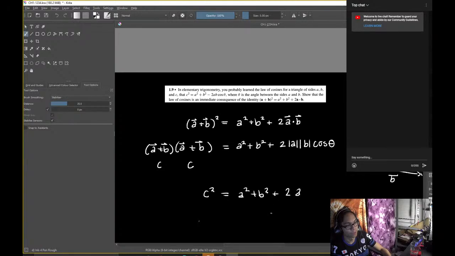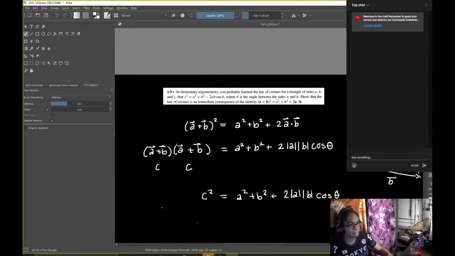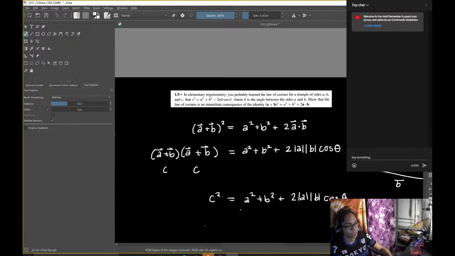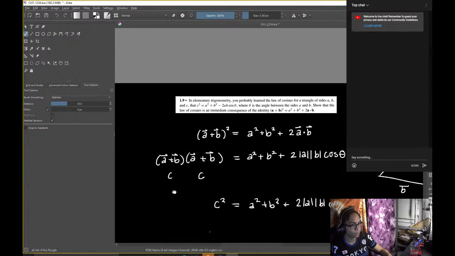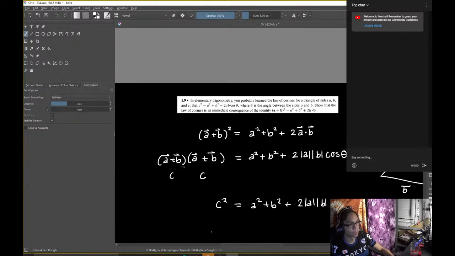It should be a negative C. 2A, B, and then cosine theta. Ooh. Yeah, well, this one is also like a vector. These are vectors, though. Wait, not vectors. Magnitudes. It's like C squared. Should be a negative then, if that's the case. Wait, no. Should not be negative. Where's this negative come from? We have 2ab cosine theta.